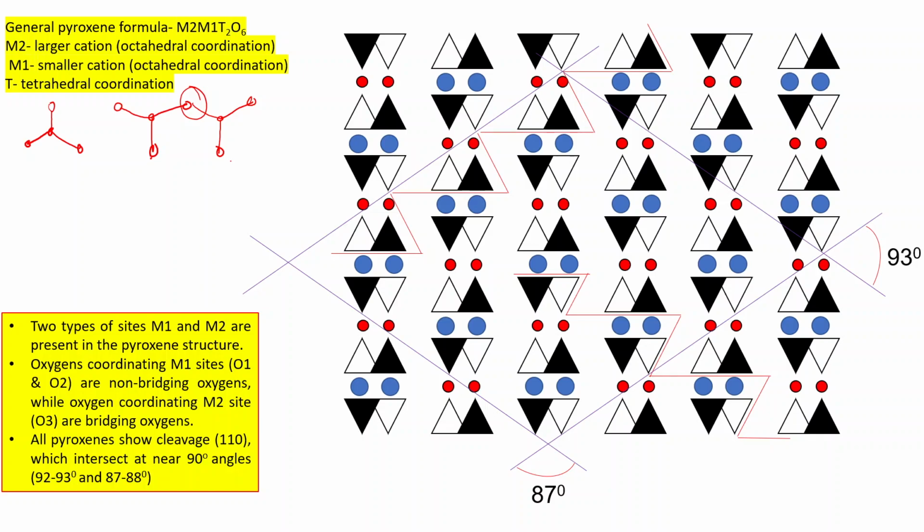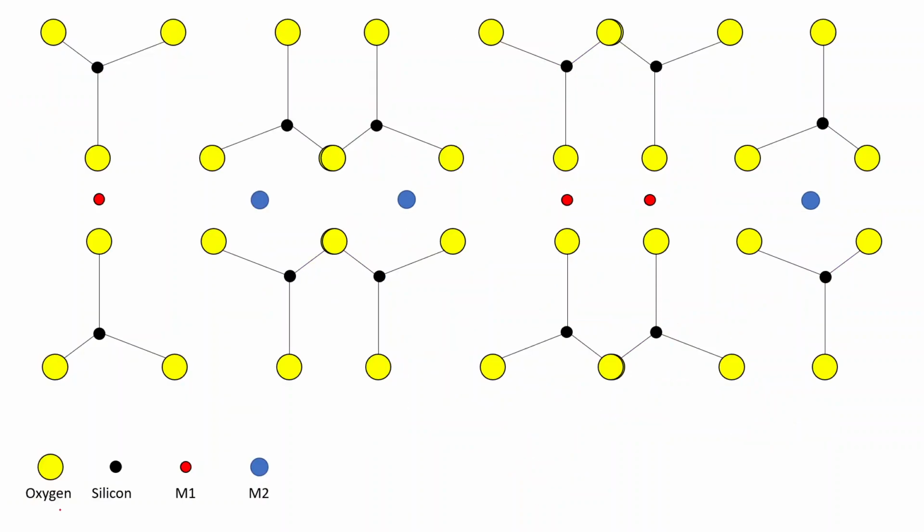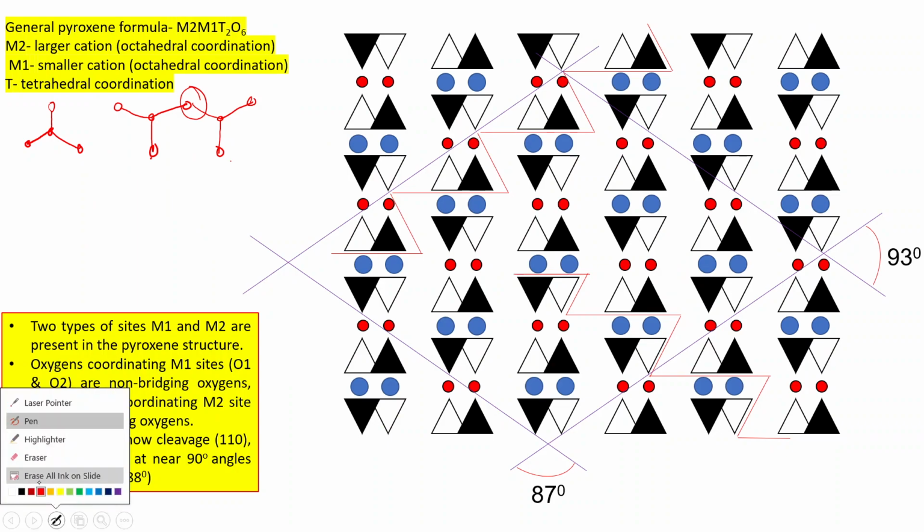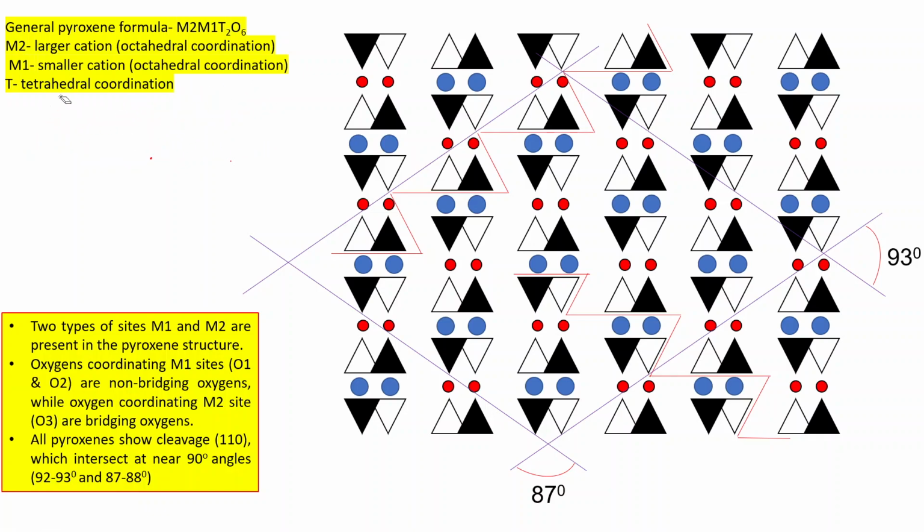If we look at this particular diagram, these two tetrahedra are the repeating units for an inosilicate, a single chain inosilicate. How are they arranged? If you have to draw this diagram, it is very simple. You simply have to draw two triangles representing the tetrahedra this way and this way, and then immediately beneath it draw two triangles representing two tetrahedra with their apices pointing towards each other.